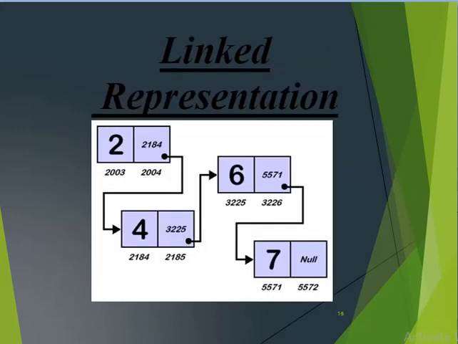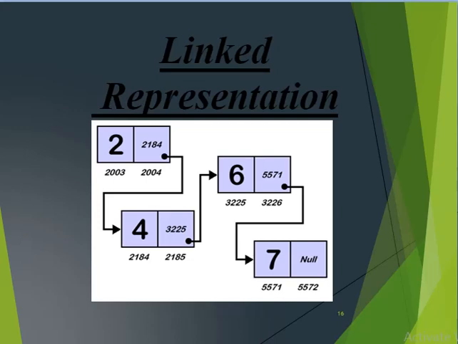The representation of a linked list is like this, in which 2, 6, 4, 2, 4, 6 and 7 are the data values or elements. Along with that, the node is divided into two parts: the first part has the actual value, and the other part has the address of the next location.